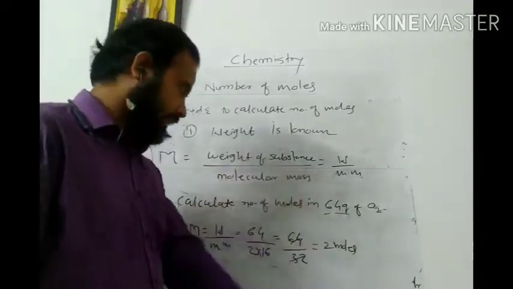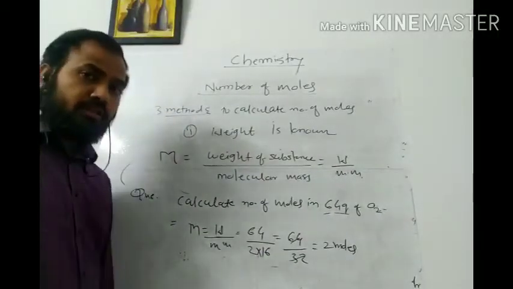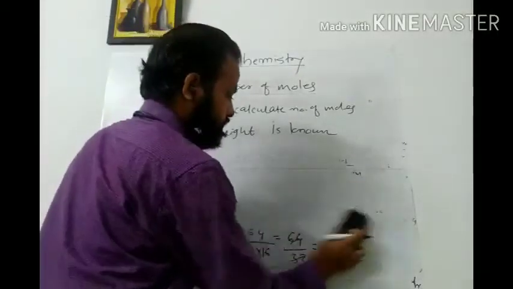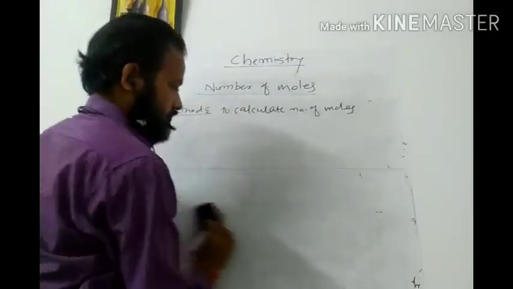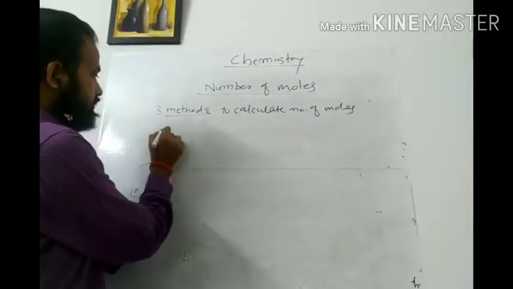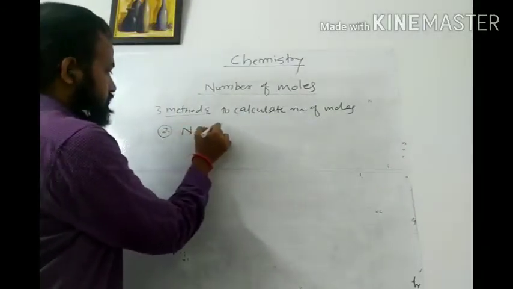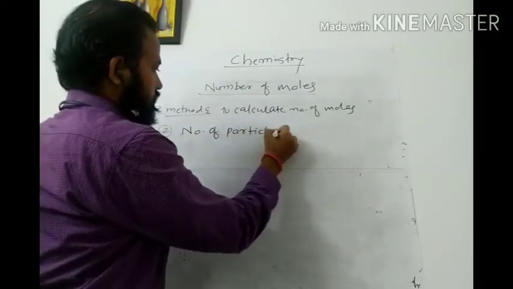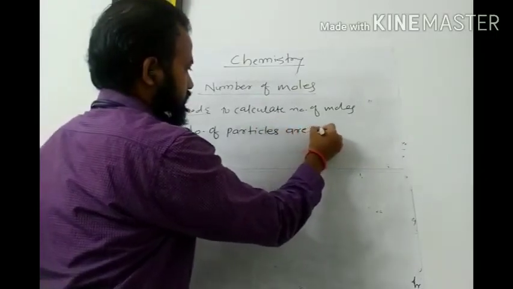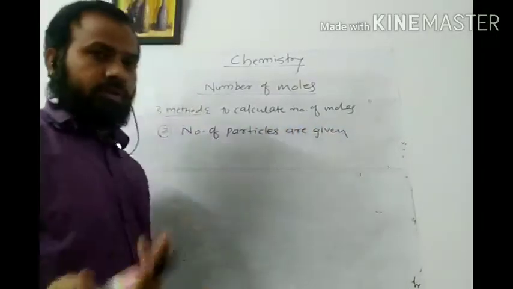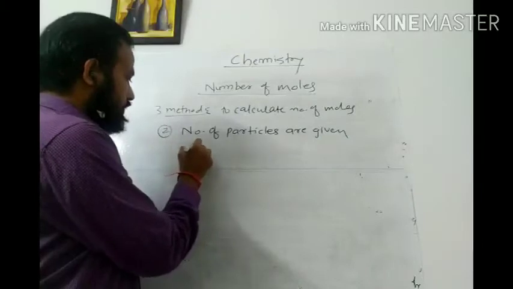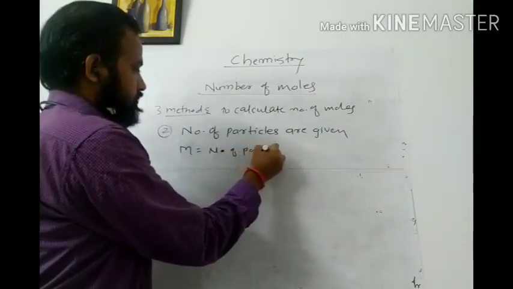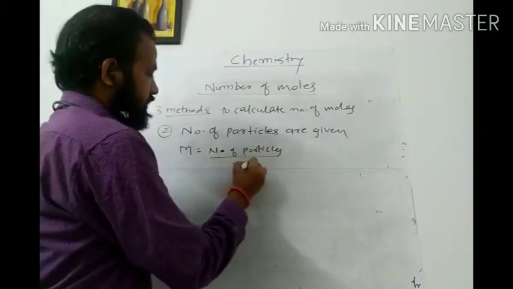Now we will see the second method, that is, number of particles are given. Again we have to use the same formula: number of moles equals number of particles divided by molecular mass.